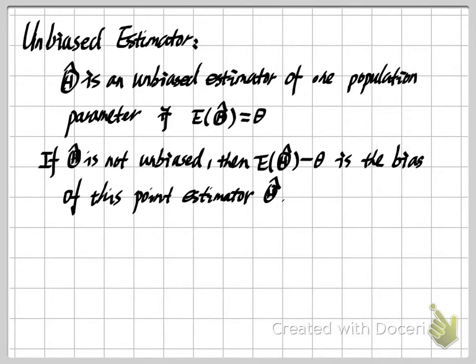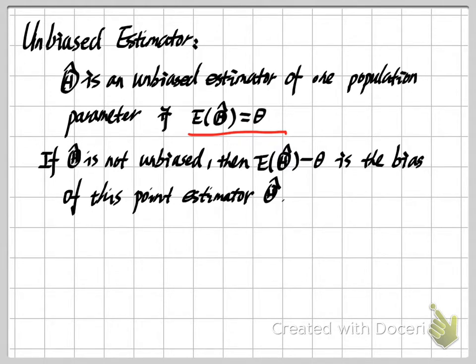For this, the good way is to compute the difference between the expected value of our estimator and the value of our population parameter. If the expected value of our estimator is equal to the value of our population parameter, then we can say this estimator is an unbiased estimator.